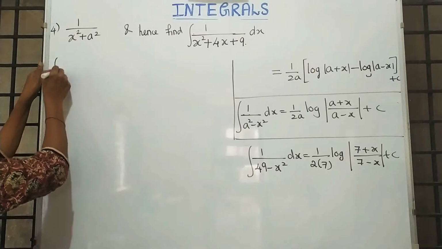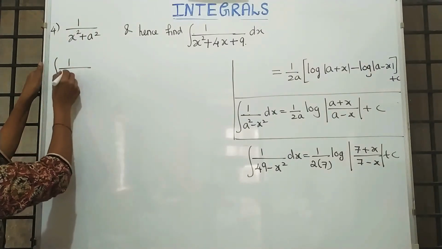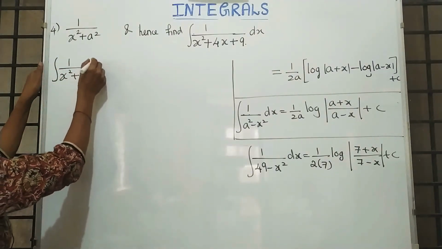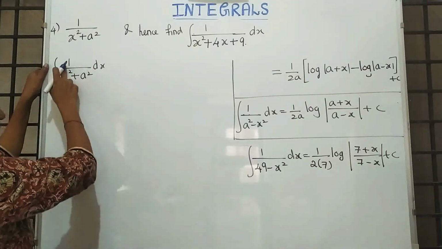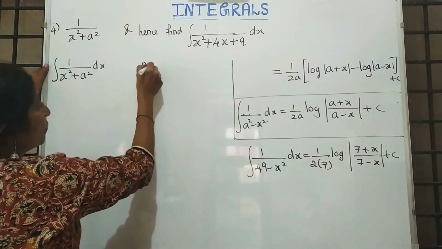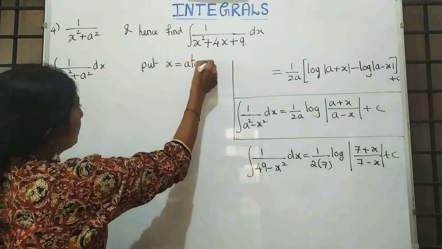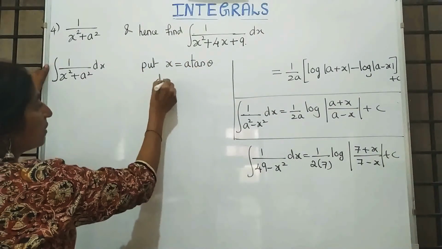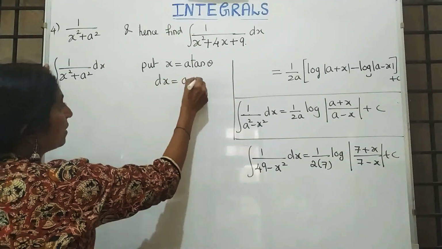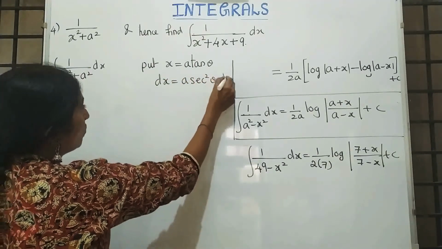Here, first write down 1 upon x square plus a square into dx. So put x is equal to a tan theta. Then dx is equal to a secant square theta into d theta.